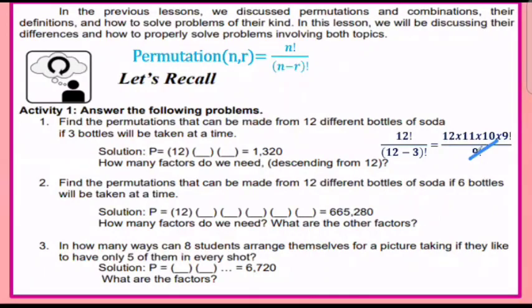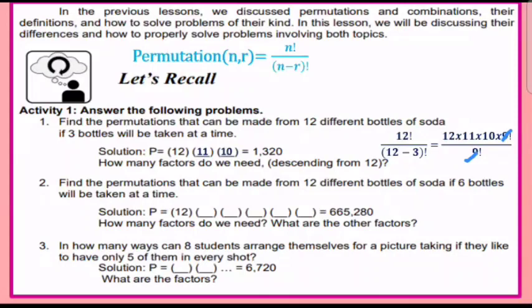Cancel out si 9, cancel out din si 9. Matitira na lang sa atin 12 times 11 times 10, is equals to 1,320 itself.